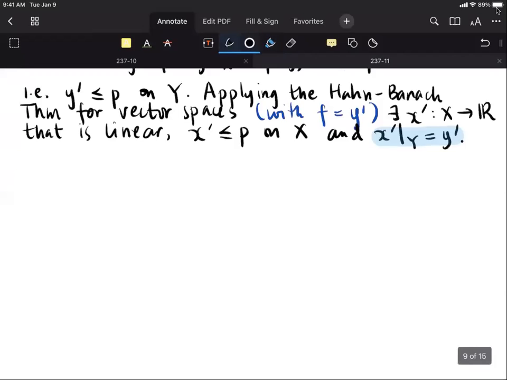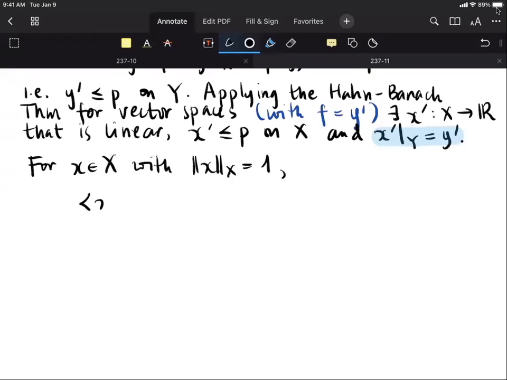Okay, so for an element of X having a unit norm, taking the duality pairing, this is, of course, equal to x prime of x.